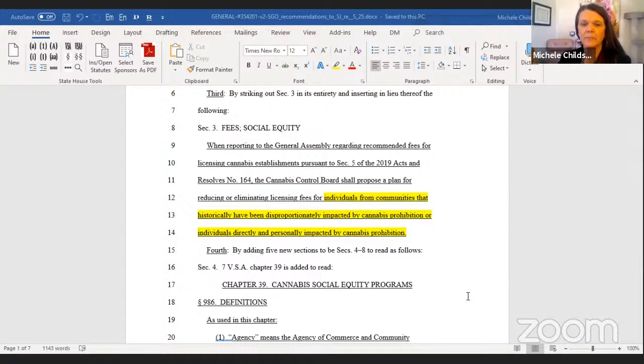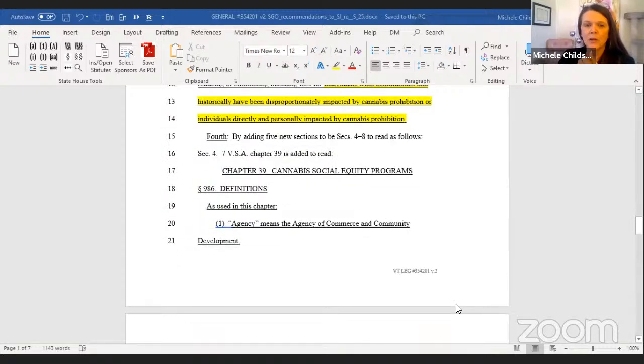It could be groups of folks who have had interaction with the criminal justice system because of cannabis prohibition. And then the second one is individuals directly and personally impacted by cannabis prohibition. The board will be fleshing out the details there and proposing how that's identified. As you know, this is a tricky universe in defining this group, but that's what they came up with.